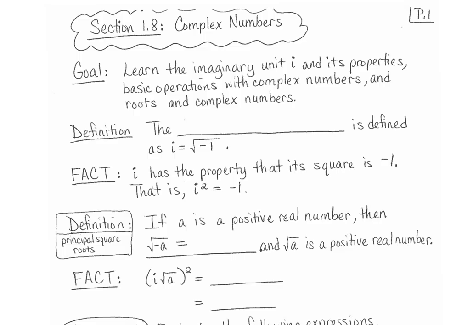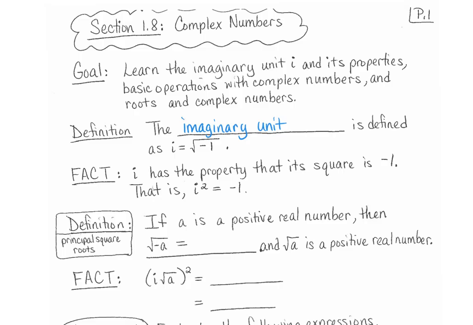So that's what we're going to talk about in this section. We're going to talk about complex numbers. So let's start with a definition. The imaginary unit is defined as i equals the square root of -1.